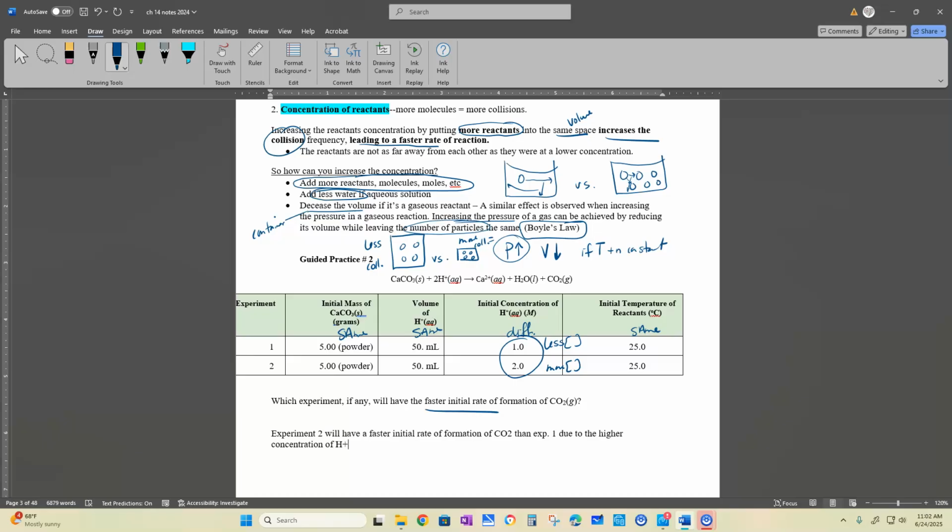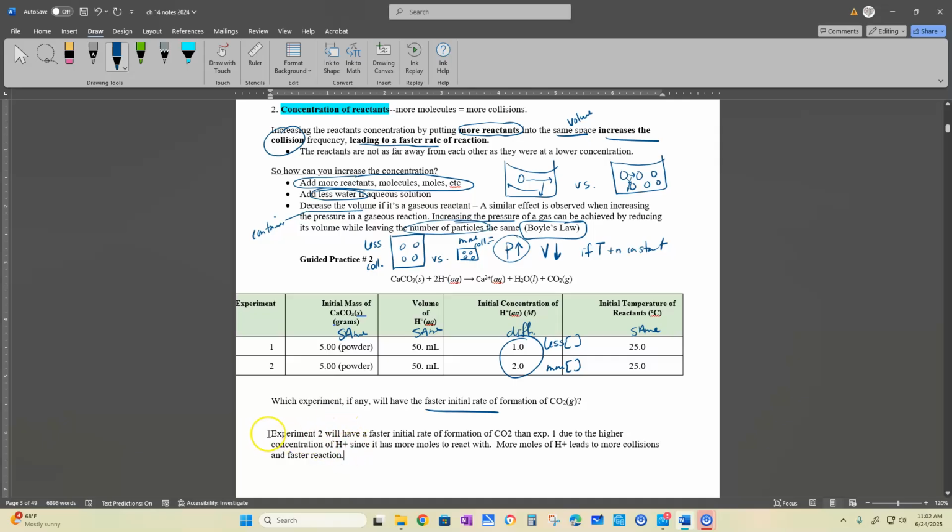Say who the actual chemical is, since it has more moles to react with. More moles of H+ leads to more collisions and faster reaction. There you go.